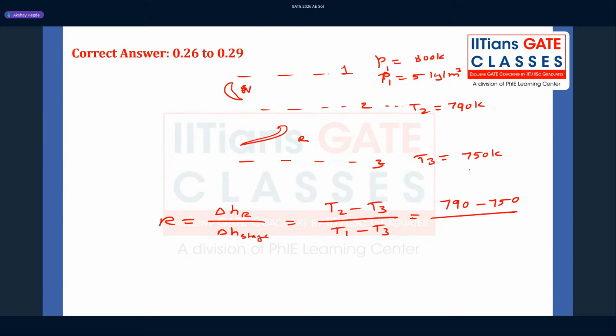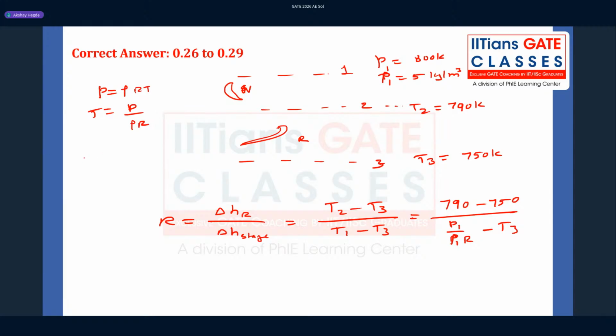So how do we calculate T1? From the perfect gas law, P is equal to rho R T, or T can be written as P over rho R. So that is P1 over rho 1 times R, minus T3. P1 is known, rho 1 is known, but R is not known.